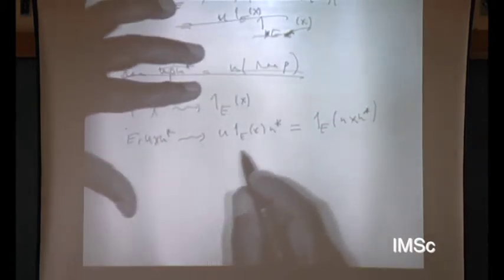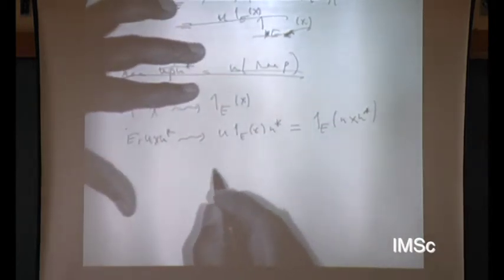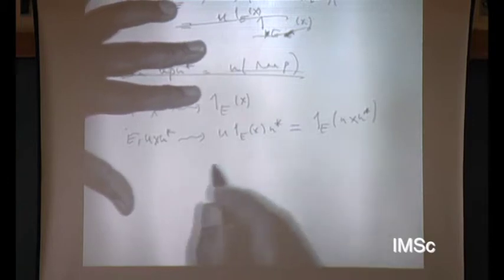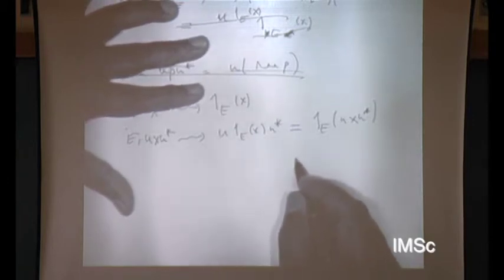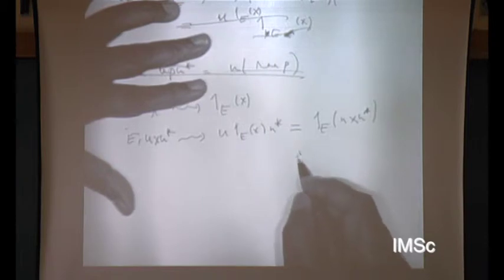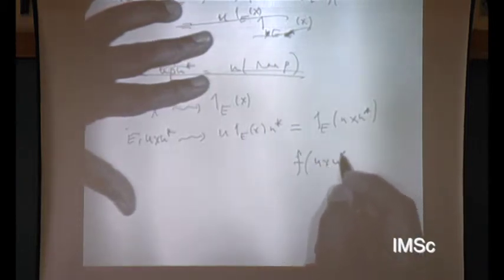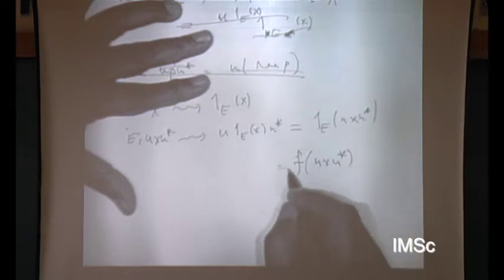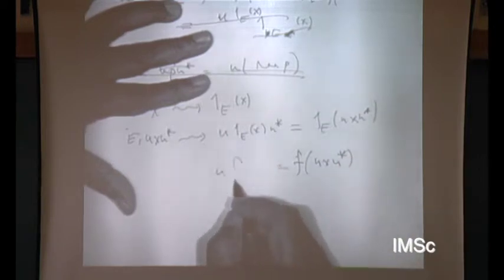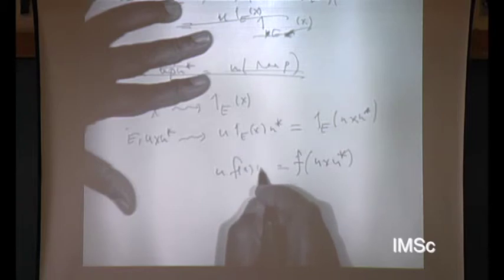What I'm saying is that for any measurable function f, f of (U X U star) will be U f(X) U star.